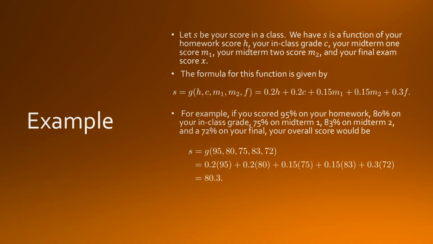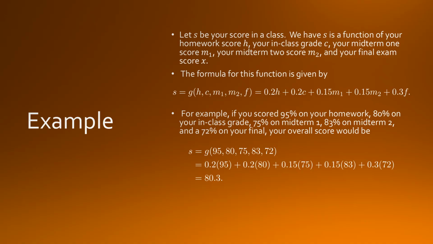So how would we use a formula like this? Well, let's suppose you have a 95% on your homework, 80% on the in-class grade, 75% on midterm 1, 83% on midterm 2, and 72% on your final. In that case, your overall score would be given by this formula here. So we plug in 95 for H, 80 for C, 75 for M1, 83 for M2, and 72 for F. And then in the formula above, you just replace those.